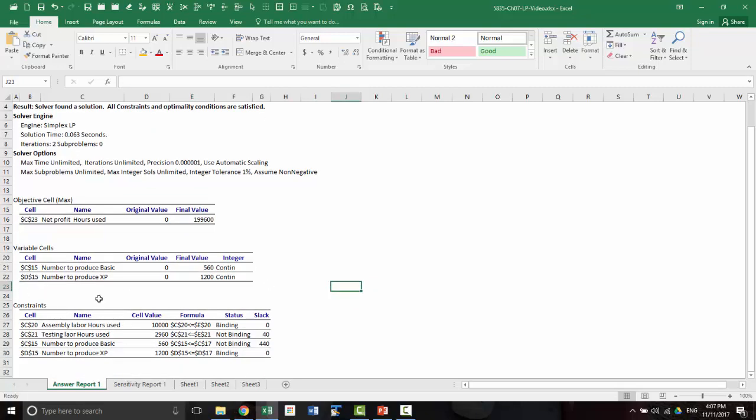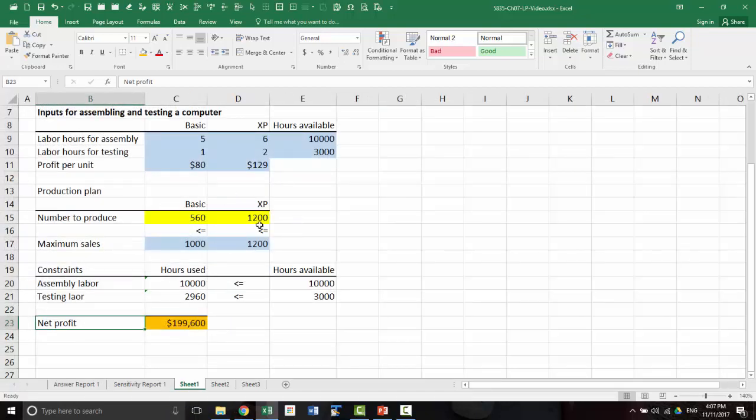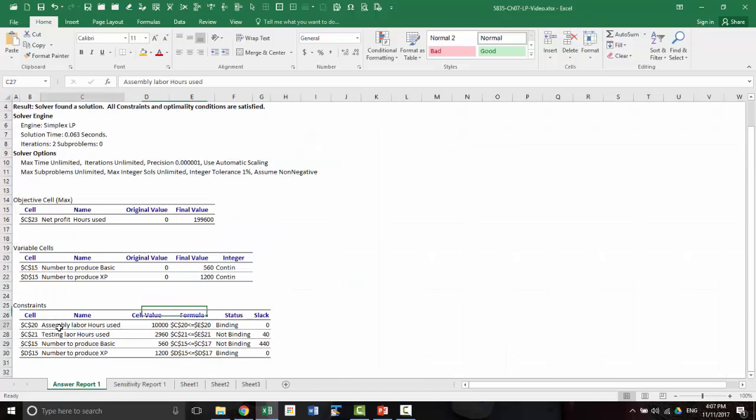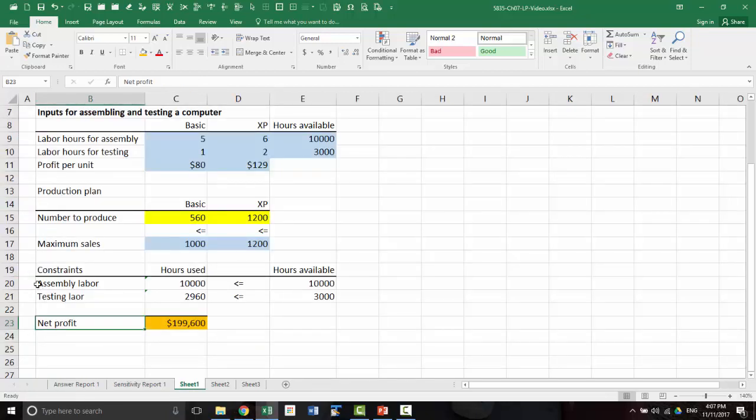Okay. Then at the bottom you have the 4 constraints. Remember, we have the 2 sales constraints and then the 2 hours constraints. So we have the assembly labor hours used, testing labor hours used. It takes assembly labor, testing labor, and attaches hours used to it.